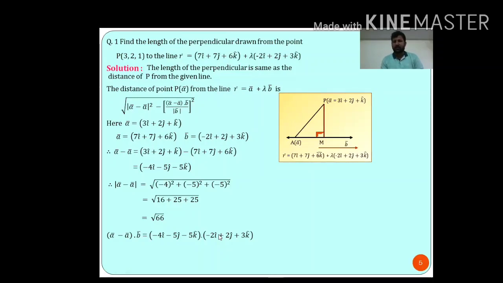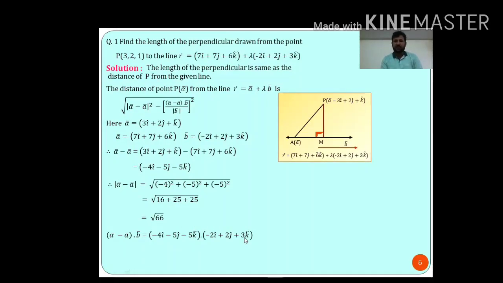The i dot i, j dot j, k dot k terms give 1 and the remaining are all zeros. Hence, minus 4 into minus 2 is plus 8. Minus 5 into 2 is minus 10. Minus 5 into 3 is minus 15. Check. The total obtained is minus 17. The dot product value is calculated.